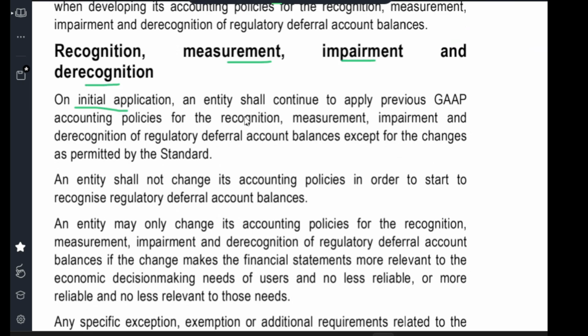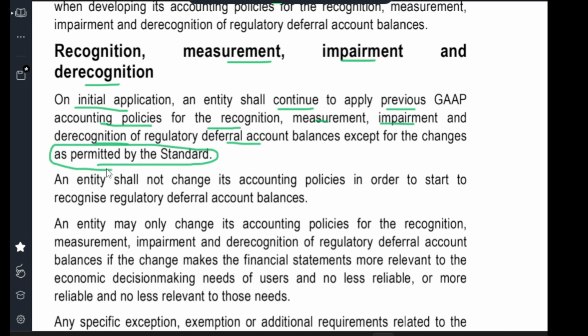On initial application, an entity shall continue to apply its previous GAAP accounting policy for the recognition, measurement, impairment, and de-recognition of regulatory deferral account balances, except for changes permitted by the standard.